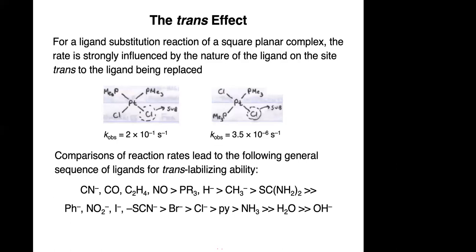And so this is signifying that cyanide, for example, is very good at trans labilizing, meaning those substitution reactions will be very fast, whereas water or hydroxide are very poor, and those reactions will be slow.